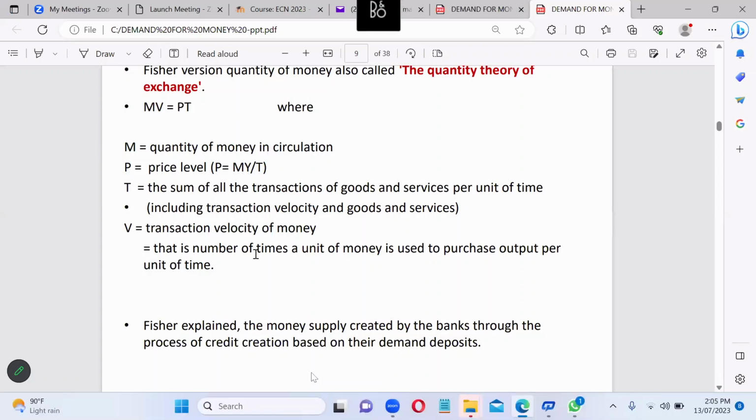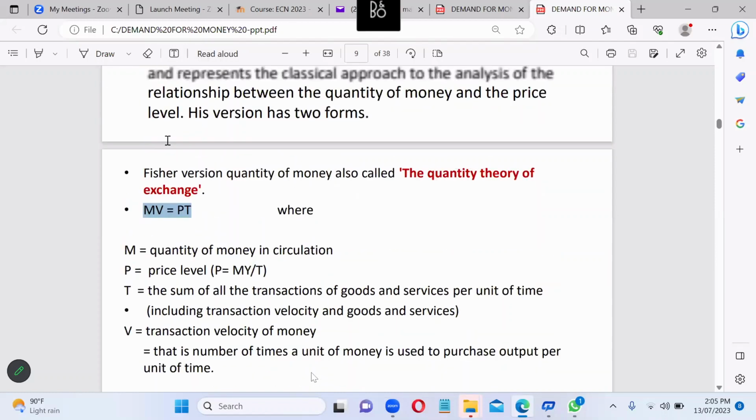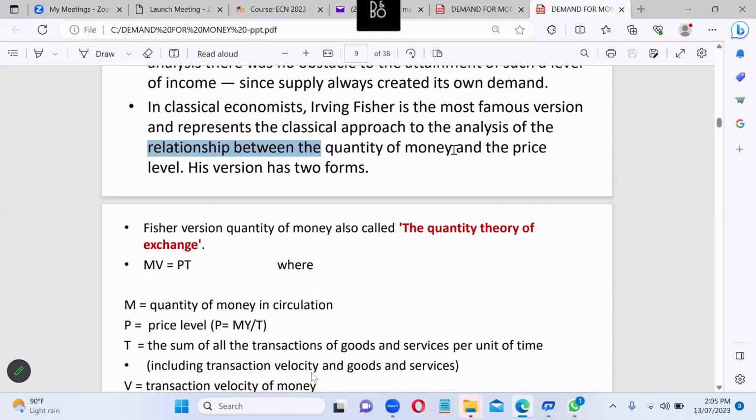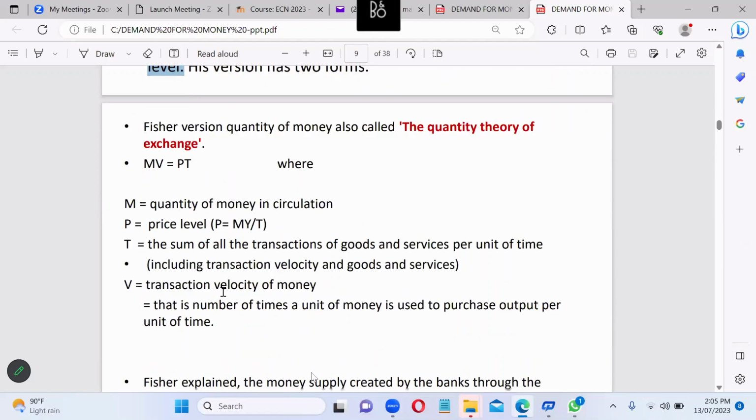How many times it circulates in the economy is called velocity. Through this concept, Fisher elaborated the relationship between the quantity of money and the price level.